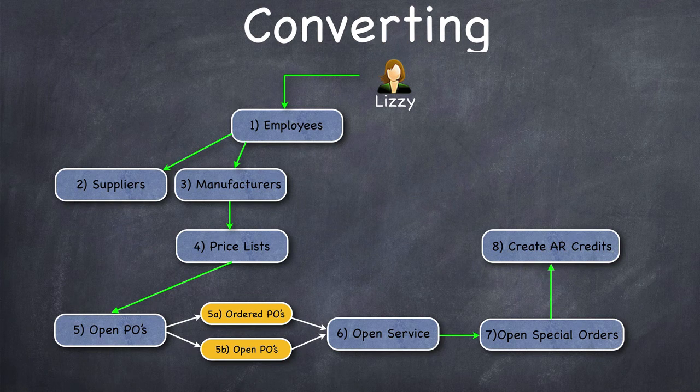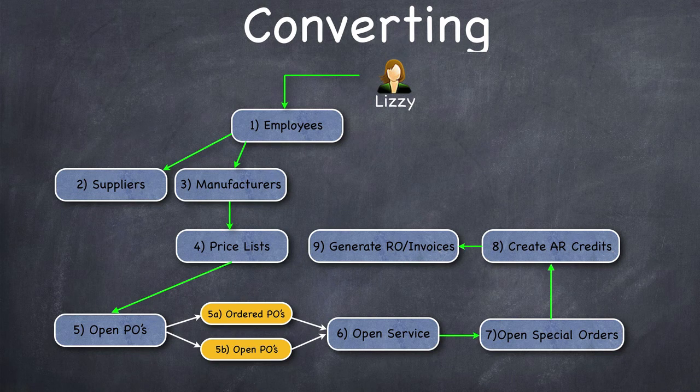You'd actually have hits on your GL for money that was accounted for last year or last month in your old system, and we don't want to show that inside Lizzy because it'll get everything messed up. So we'll manually create the AR credits, and then we'll generate any repair orders and invoices. We'll basically start using the system.